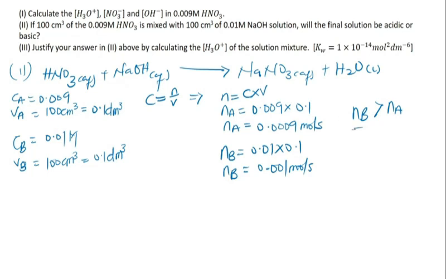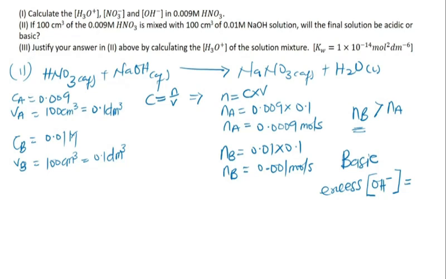Hence, because the mole of the base is more than the mole of the acid, the solution will be basic, which means there will be excess hydroxide ion concentration in solution after this reaction has completed. So that answers the II aspect of this question.